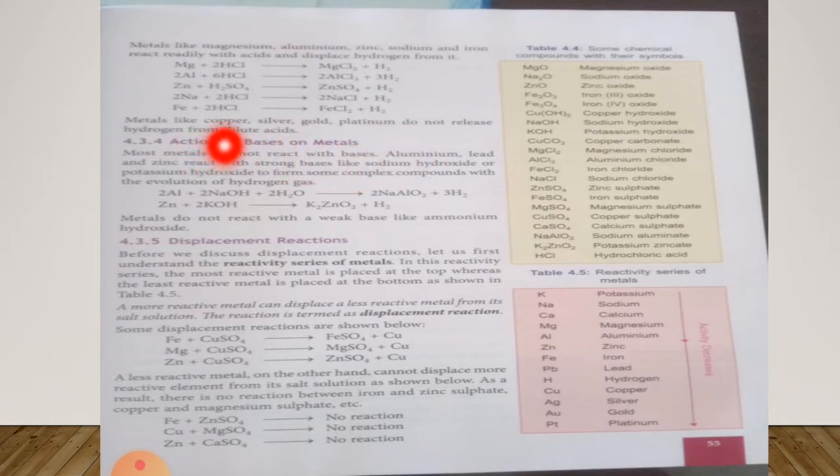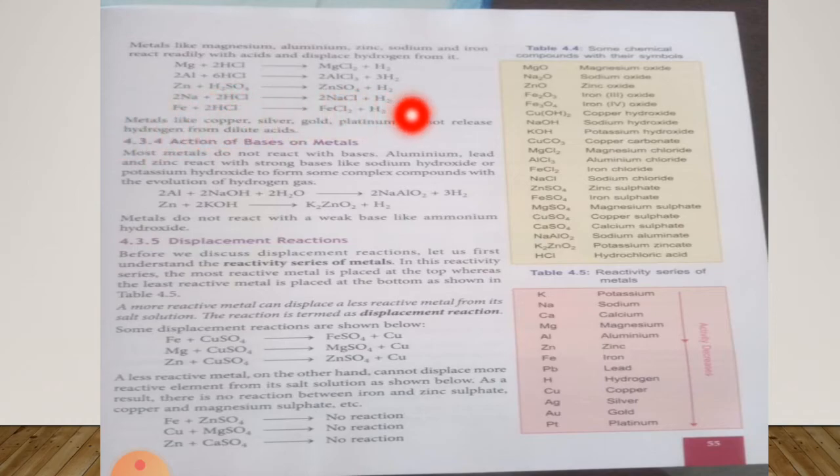As you can see that in all these reactions, a metal reacts with an acid and forms a salt with the hydrogen gas. So this is the important and necessary condition that hydrogen gas evolves when metal and acid react. Is that clear?